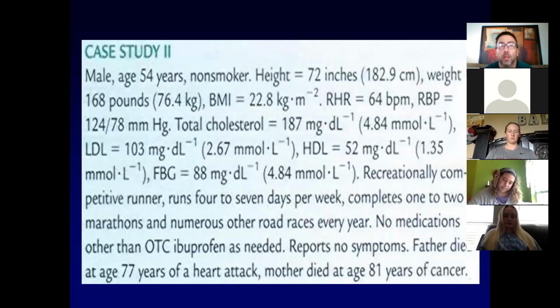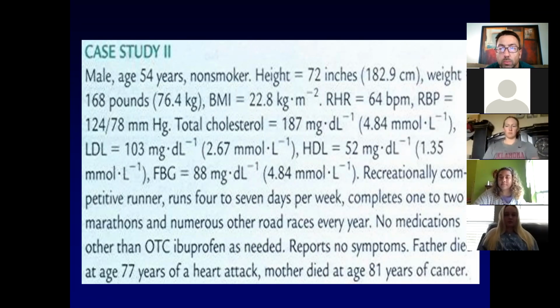Okay. Case study number 2. Someone from the group that said they were low risk, tell me why you guys had them as low risk. Run me through things.